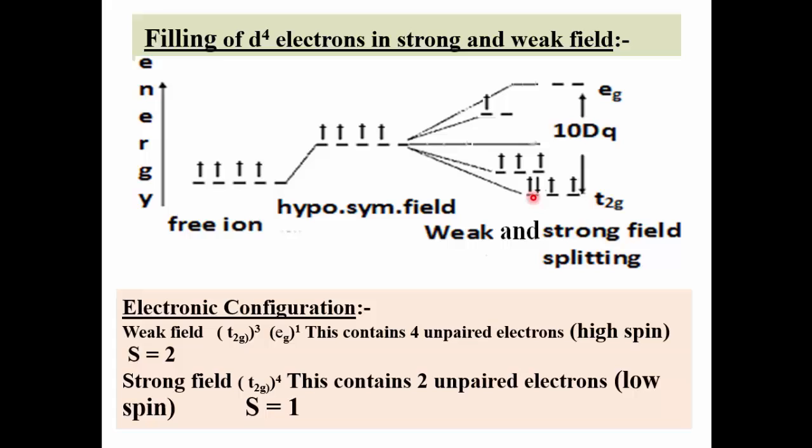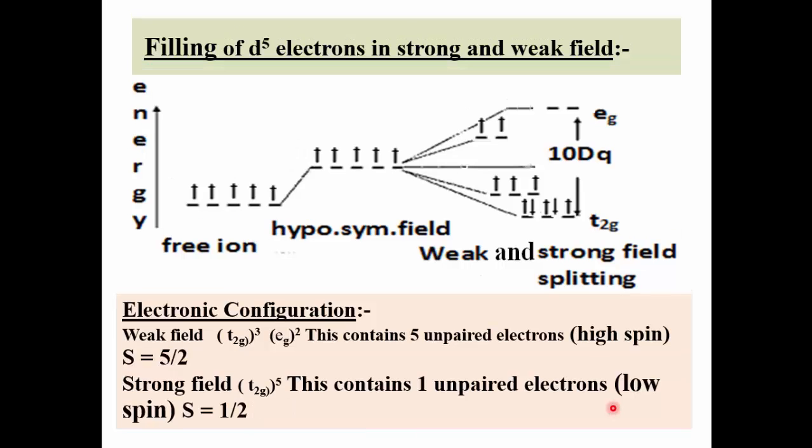This is the difference in filling of electrons in weak and strong field splitting. For strong field splitting, the electronic configuration is t2g4. All electrons are filled in the t2g orbital, and this contains only two unpaired electrons, and therefore this is a low spin complex and the spin is 1. Followed? This is about the filling of d4 electrons.